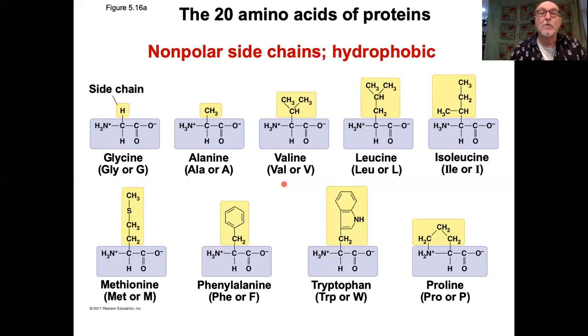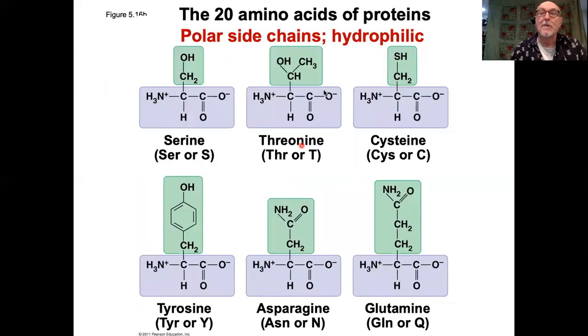So this is the whole group with non-polar side chains, but there are others with highly polar side chains. These are strongly hydrophilic. You can see here, OH, OH, OH. This is a minor group and all sorts of groups. These here are strongly polar. They are highly soluble.